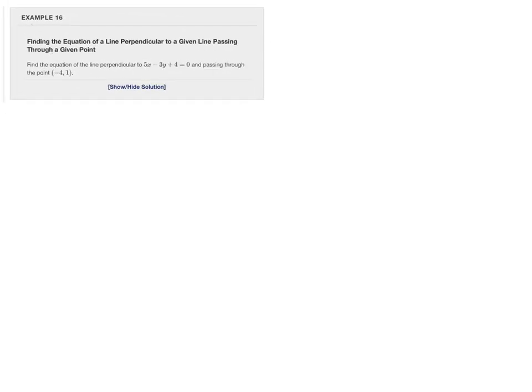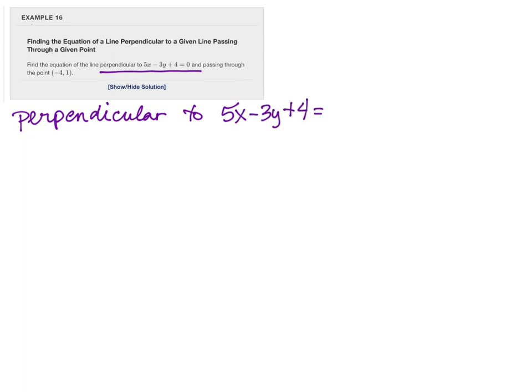All right. Find the equation of a line perpendicular to 5x minus 3y plus 4 equals 0. Okay, so perpendicular, this is example 16. 5x minus 3y plus 4 equals 0.